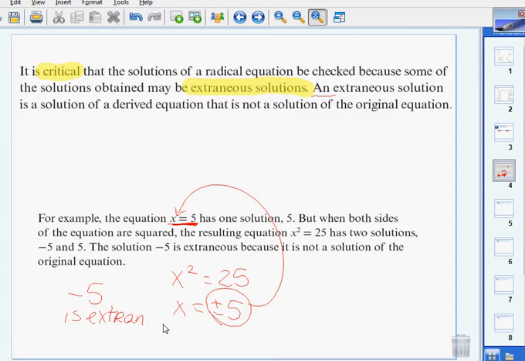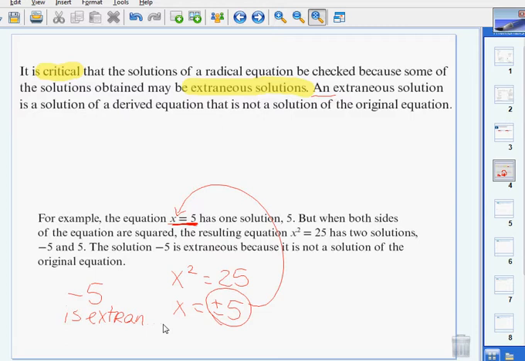What this means for you practically is that you have to check these equations. Up to this point, I've never made you plug the values back into the equation and show that it works. I know back in probably middle school they made you do that. I don't require that from you, maybe I should. But on these radical equations, you don't have an option.